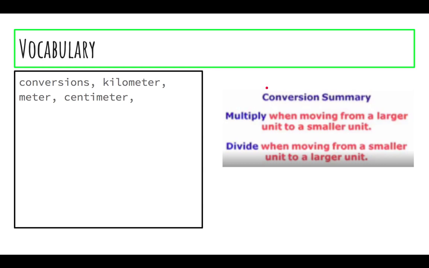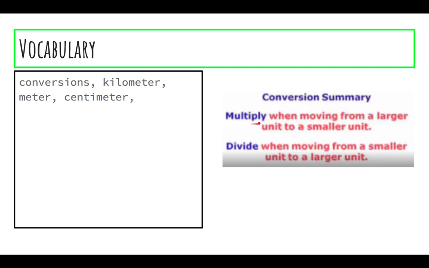I included this for you as well, which is just a conversion summary. Basically, this is giving you what you need to know as simply as it can be. You multiply when your units are moving from a larger unit to a smaller unit.